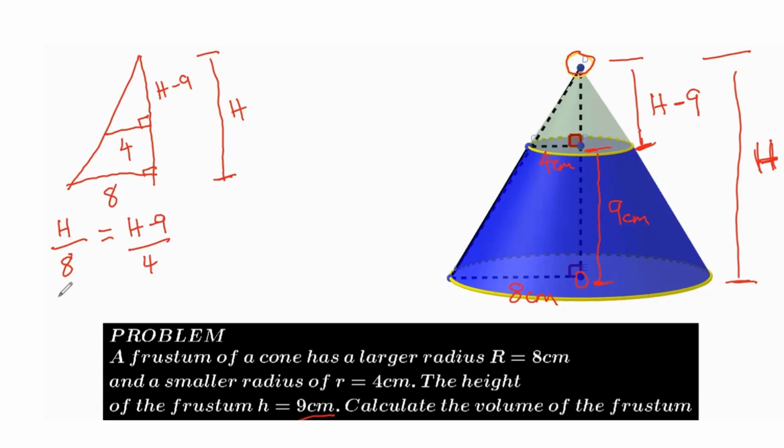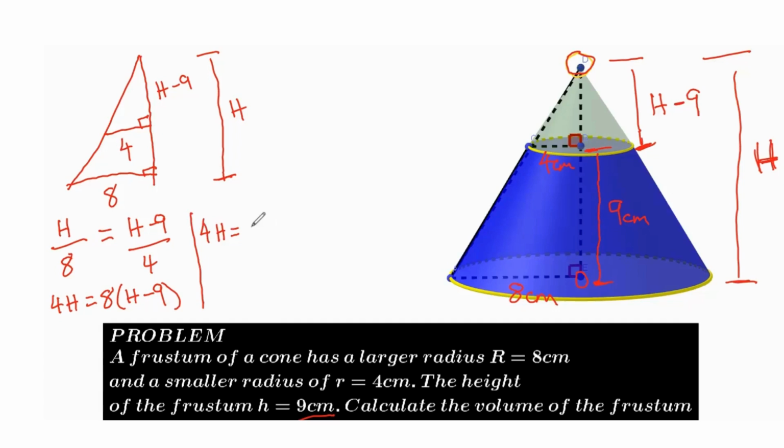So we cross multiply. We have 4h equals 8 into h minus 9. Okay, so now from here, 4h equals, we open the bracket.